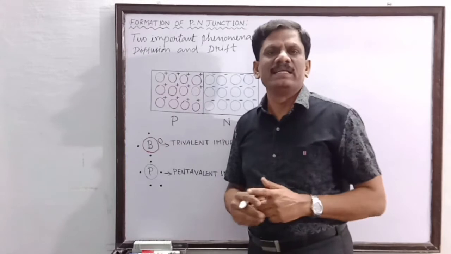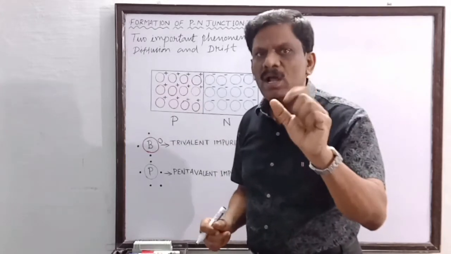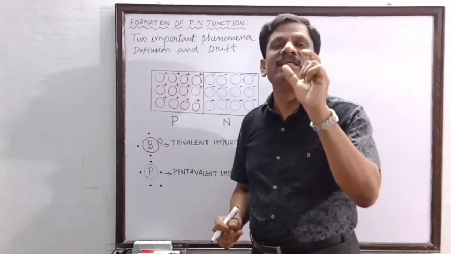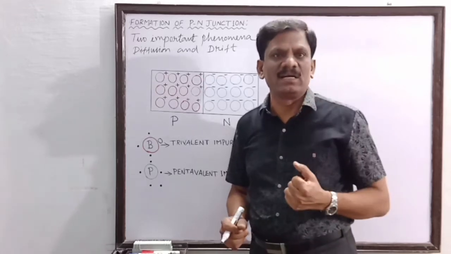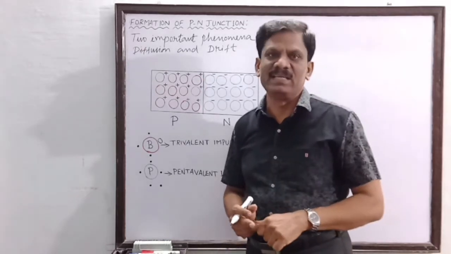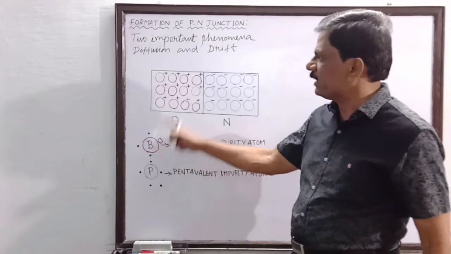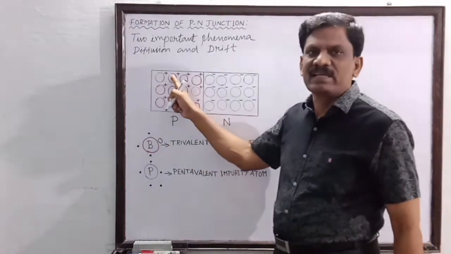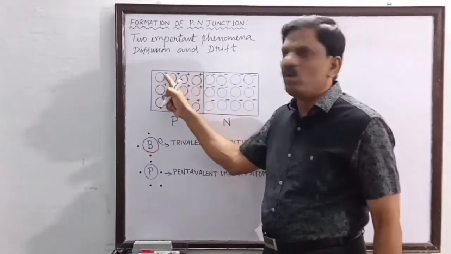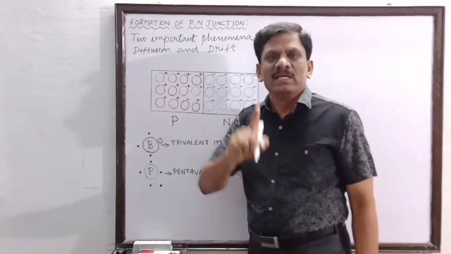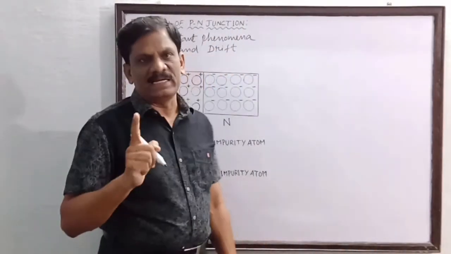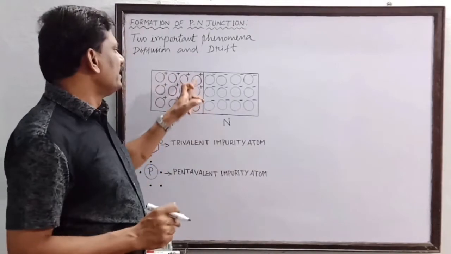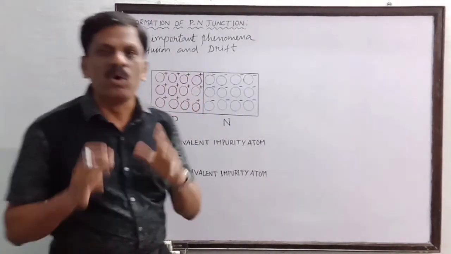It means that it has a hole or vacancy and it is ready to accept an electron at any time. That's the meaning. So each red color circle with a plus sign over its head is what? The impurity atoms. And these plus symbols are called the holes.